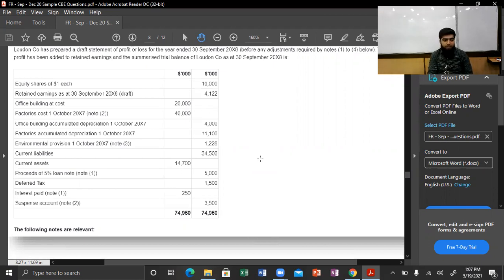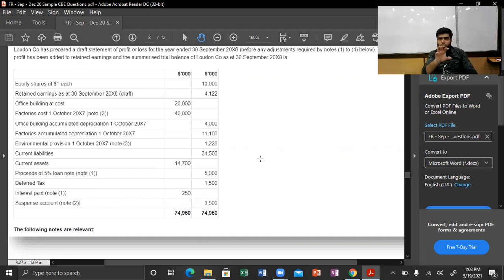It means it's not finalized, and it is clearly stated at the start of the question that a few adjustments are required, from 1 to 4. And then office building, factories, accumulated depreciation, environmental provision, current liabilities, current assets, proceeds of 5% loan notes, deferred tax, interest paid, and then suspense account.